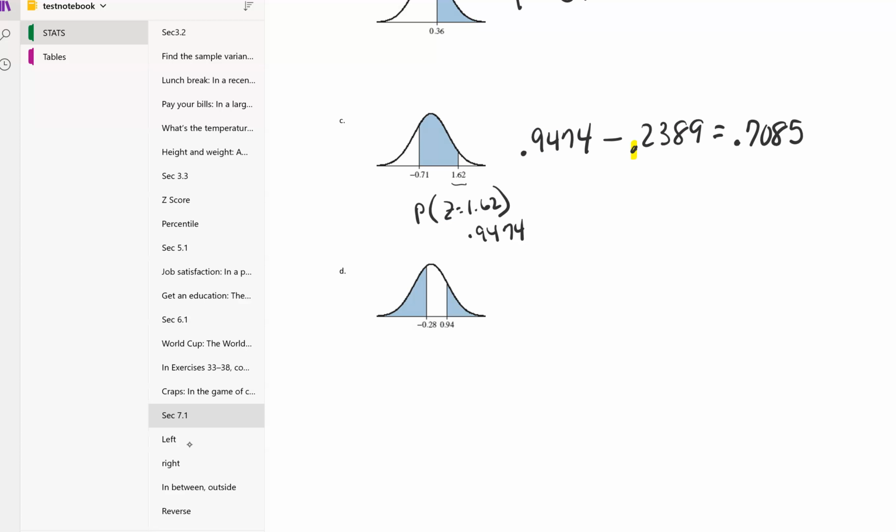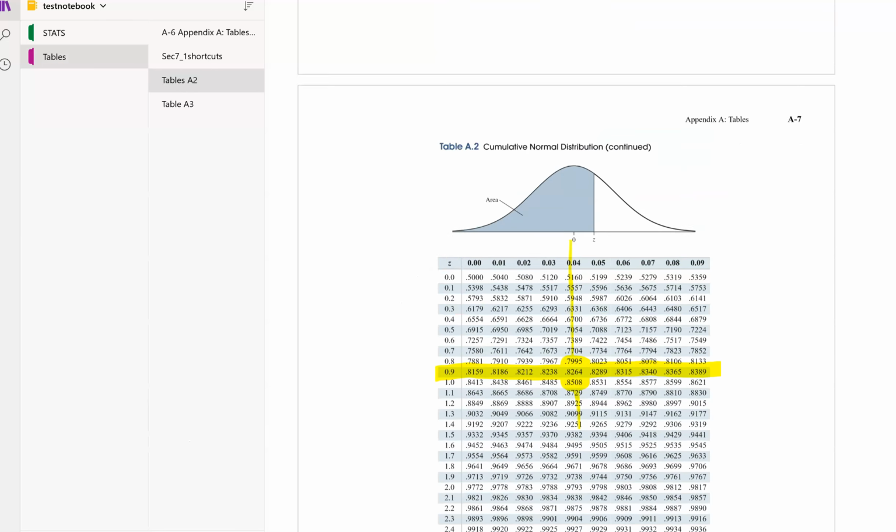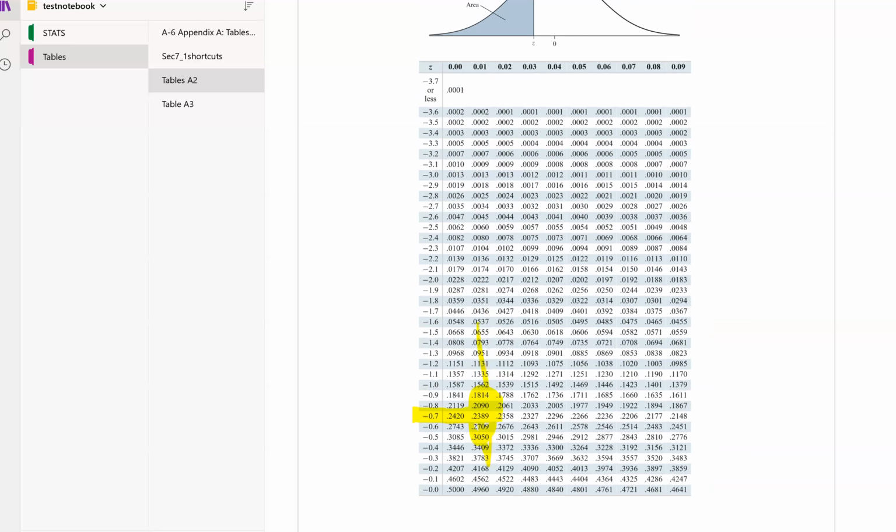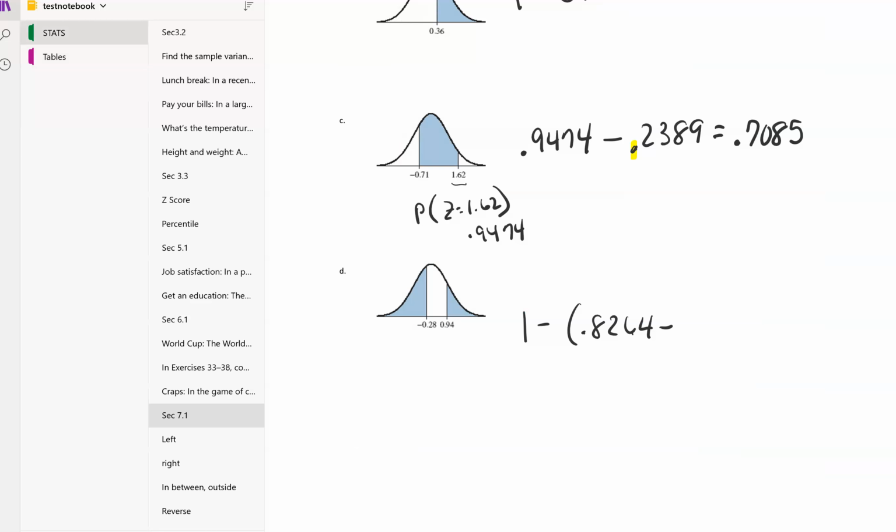Now I look up the next one, a negative 0.28. Negative 0.2 is here, and the 8 is up here, so it's right here, so it's 0.3897.